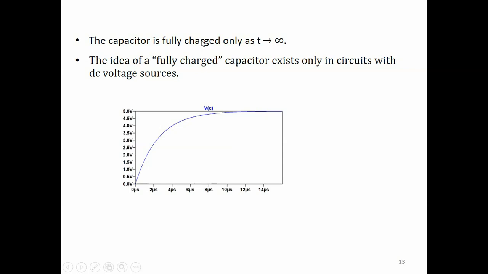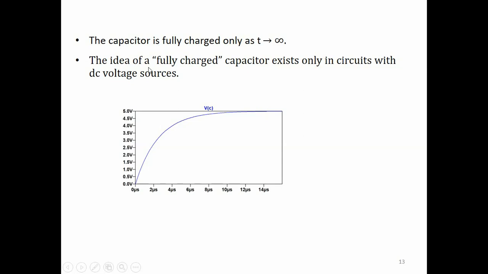So the capacitor only approximates the final value that it is supposed to acquire, and for all reasonable time, say after 5 tau or 10 tau, the capacitor voltage has become close enough to the DC voltage source voltage that you say it is practically fully charged, but theoretically or mathematically it is never fully charged. Sometimes this is relevant. Most times in circuits this is not relevant, but it's an important fact to remember.